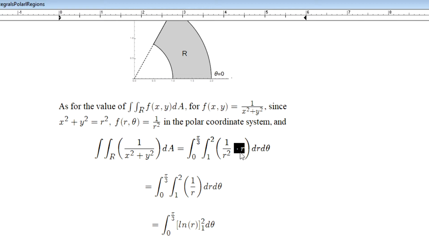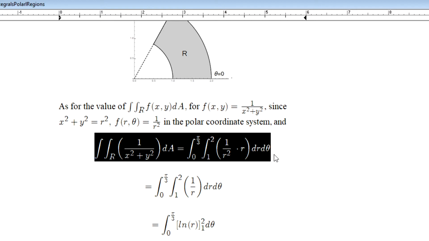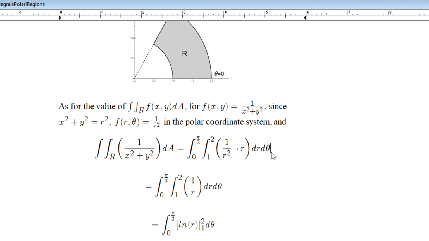We are, in a sense, changing our variables from the xy interpretation that we're familiar with here in our initial double integral calculation in the rectangular coordinate system to an interpretation of variables in that space in terms of r and theta.